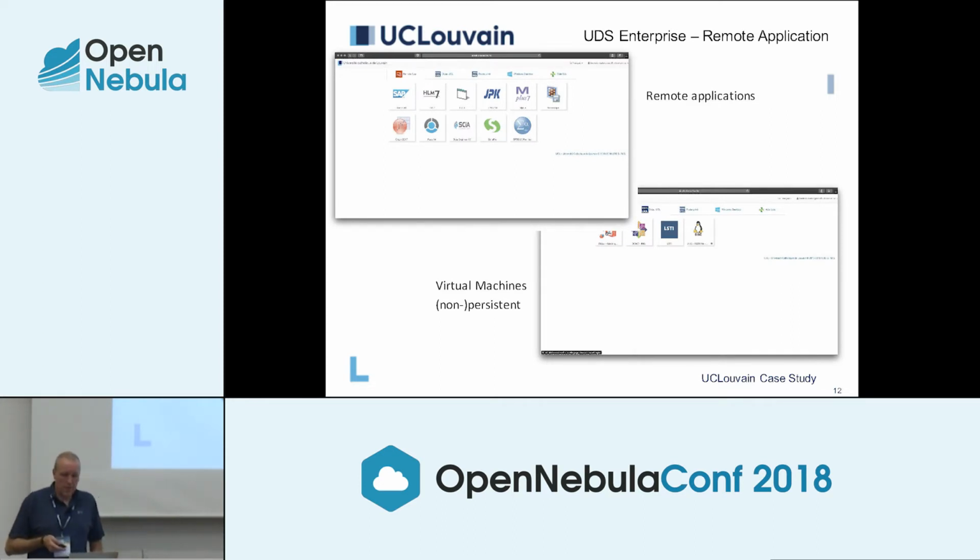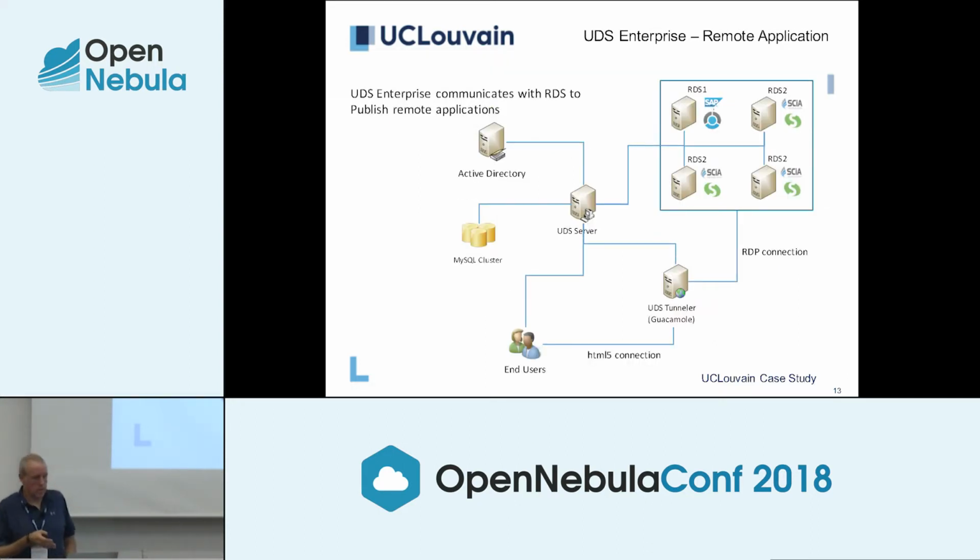We also have remote applications. This is available from version 2, I think, of UDS Enterprise, and from version 2.2, these remote applications are also available from a macOS device. The way of working is the same as I showed before, except that we have remote desktop servers here.